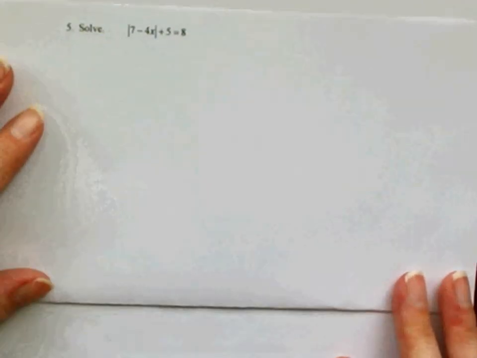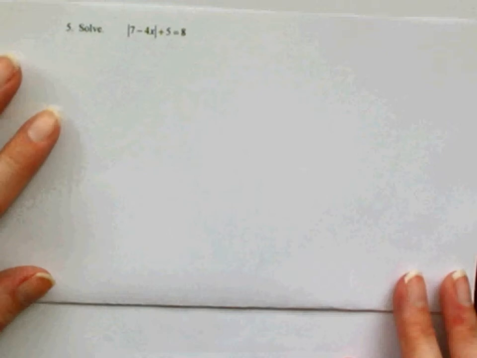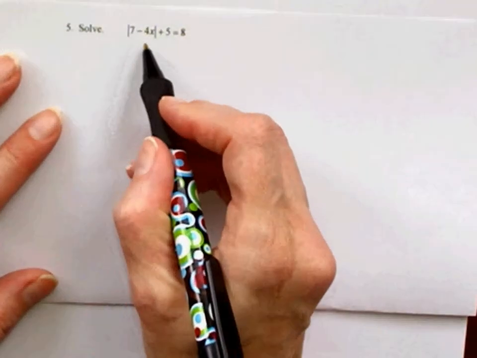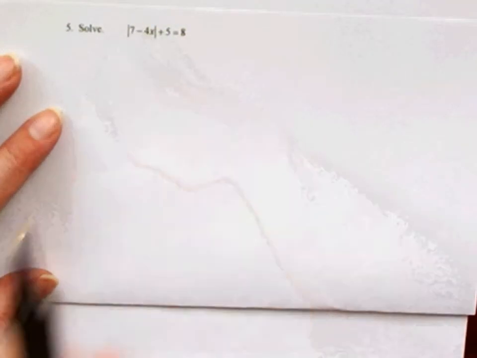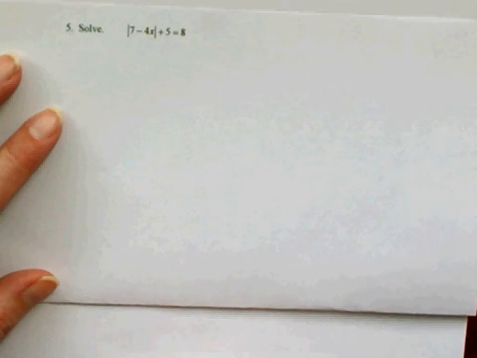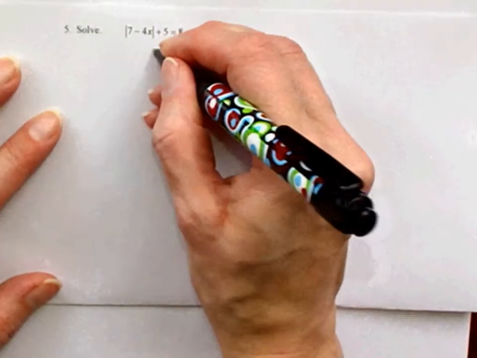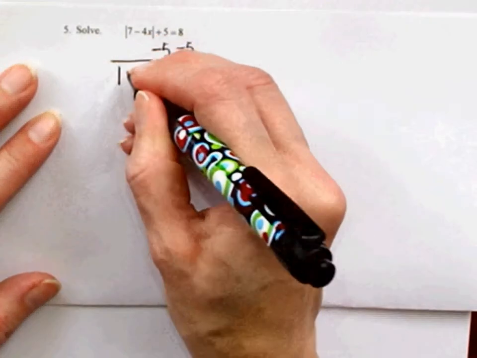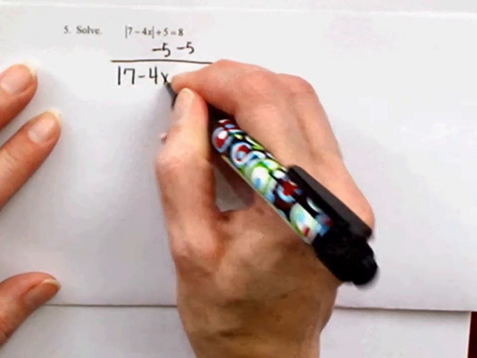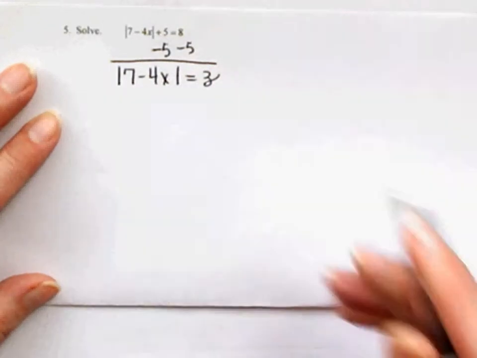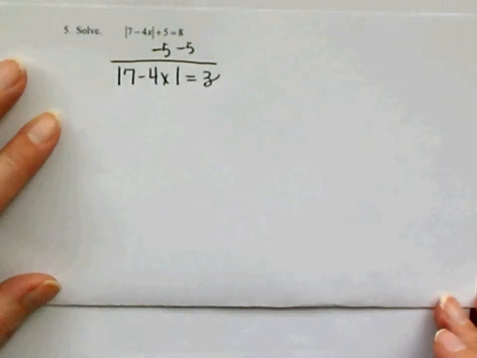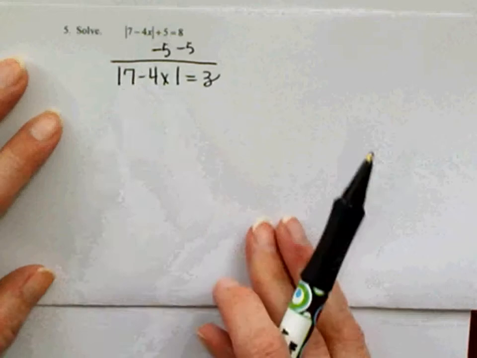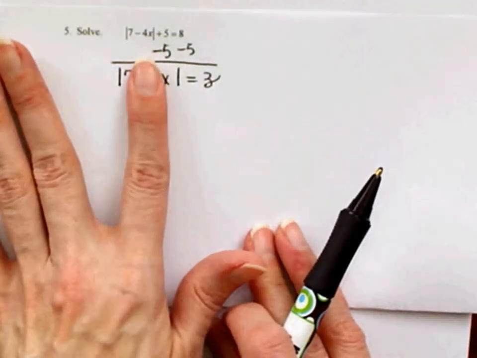This is with absolute value again. So we need to isolate the absolute value. What exactly does that mean? The only thing I want on the left-hand side is the absolute value of 7 minus 4x. That's it. So I got to subtract 5 from both sides. So we have the absolute value of 7 minus 4x equaling 3. Remember we talked about in class, for this to be a true statement, what would have to be on the inside?